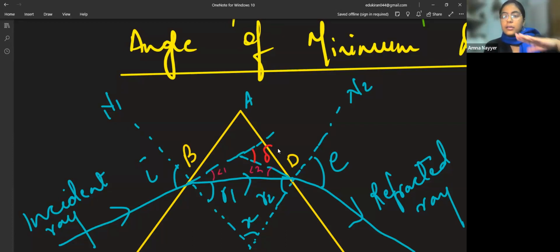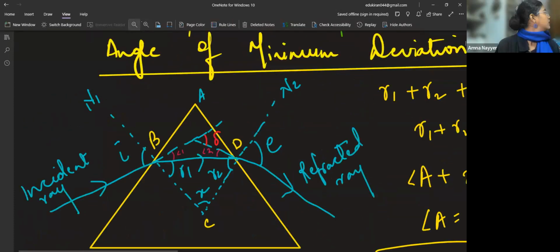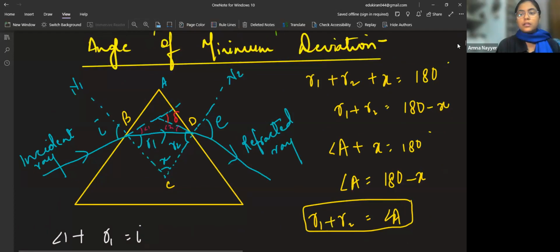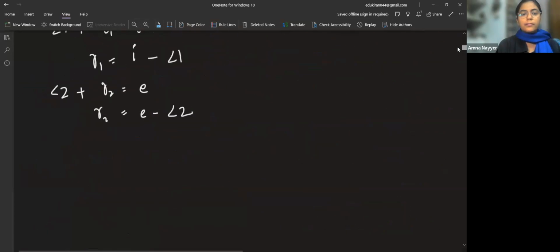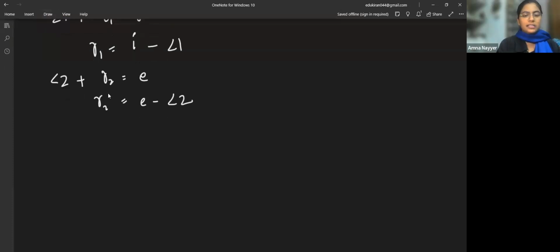Understood? Because the ray was moving like this. So if you look at the triangle, this is acting as the exterior angle.